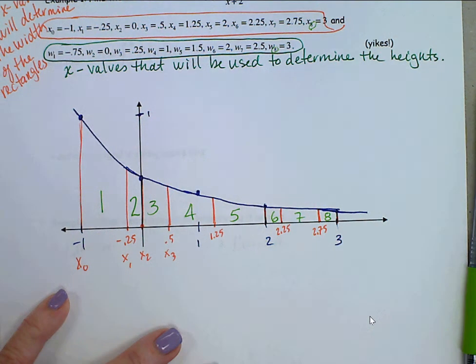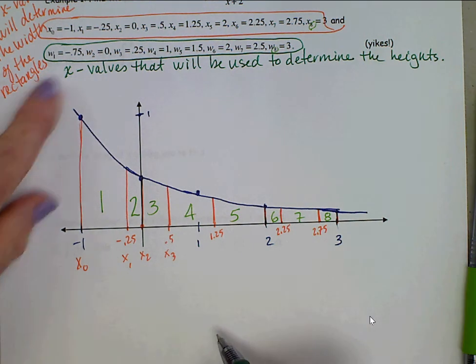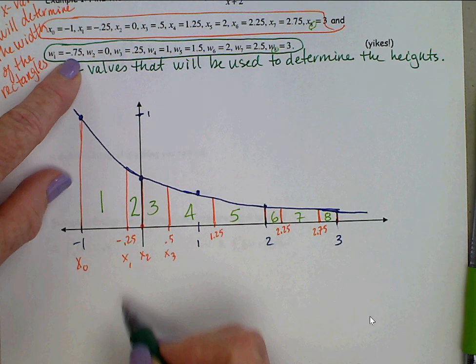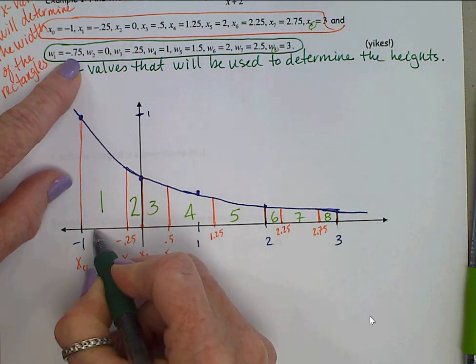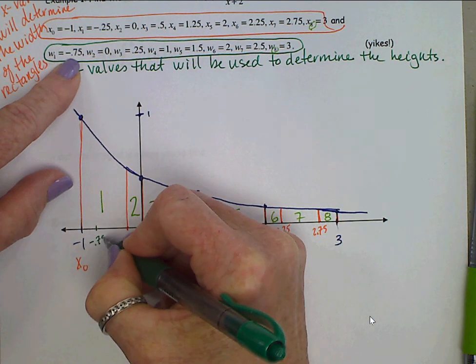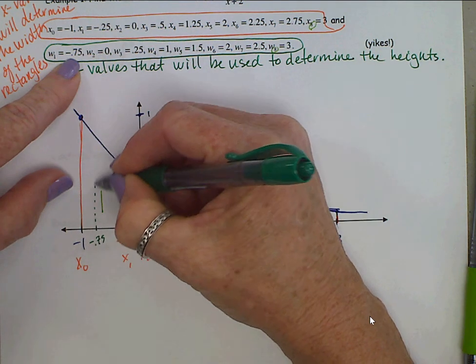There's your sections, but those are not rectangles. We need to determine the heights. So we go back. This first section, its height is determined by negative 0.75. So let's find negative 0.75 right about here. Line that up to where it hits the function.